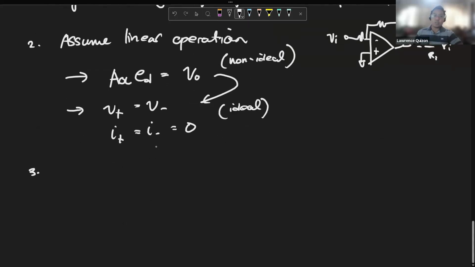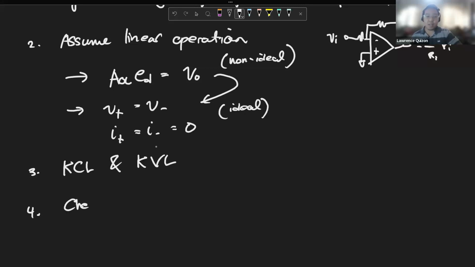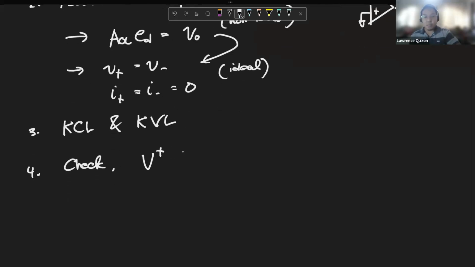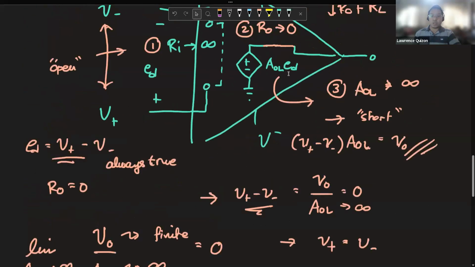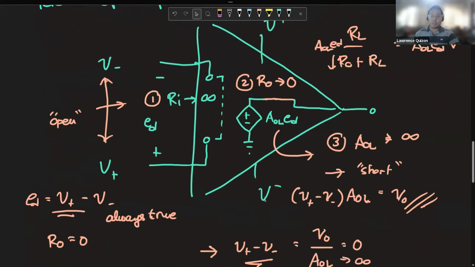Next is kung hindi kumana 'yon, we're gonna need to check, no? After mo i-apply 'yon, mag-KCL at KVL ka muna. Kaso ang fourth step is check, kasi meron tayong maximum voltage at saka minimum voltage, right? Which is given to us by the top and bottom ports of the op amp, itong V plus at saka V minus.